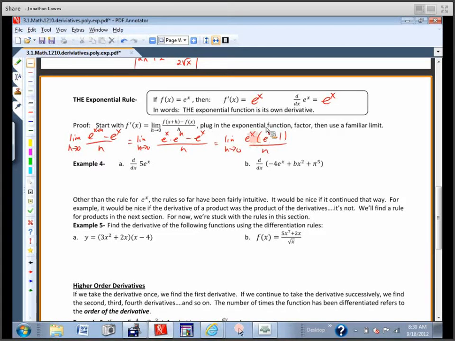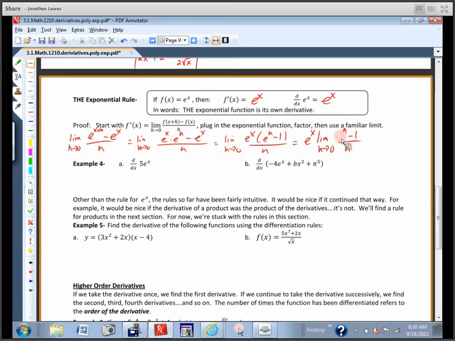Okay, now, what is the variable in the limit? H. So that means everything else, numbers, letters, whatever, we treat them like they are constants. So what is this right here? Is it a variable? Is it changing? Or is it a constant? It's a constant in the limit.